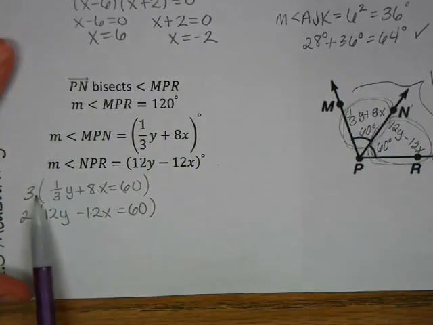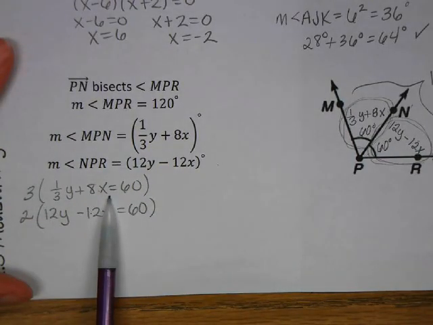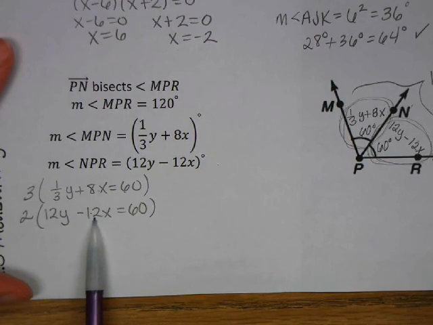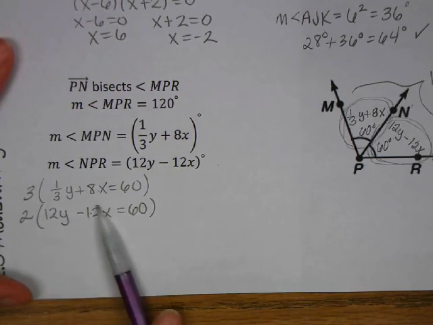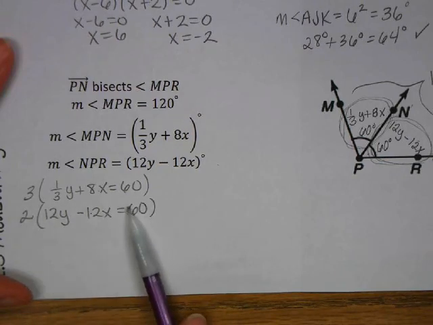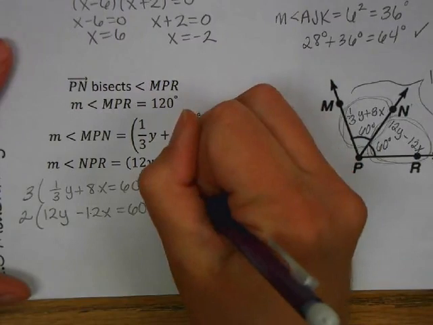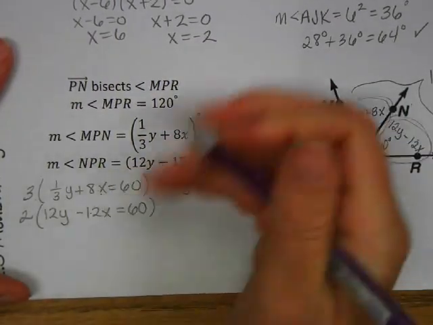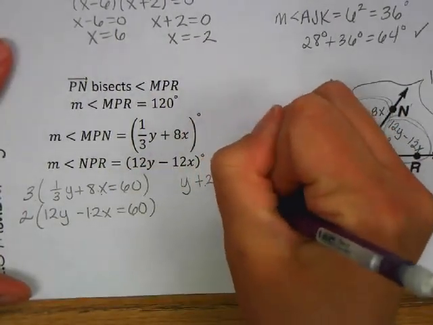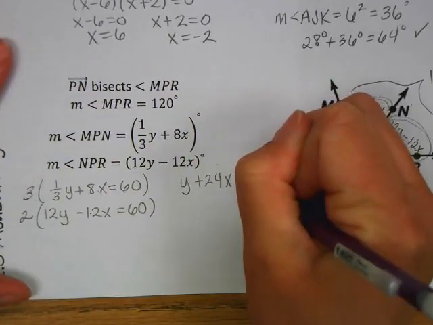So when I multiply 8 by 3, I get positive 24x, and negative 12 times 2 is negative 24x, so I can get those x's to eliminate. So multiplying everything by 3, 3 times 1/3 y is just y, 3 times 8x is 24x, and 3 times 60 is 180.